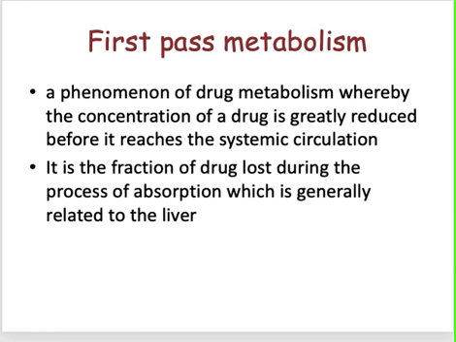So some of the 500 milligrams of paracetamol undergoes first pass metabolism in the liver, and only a fraction of that paracetamol actually reaches the site where it's supposed to go. It is the fraction of the drug lost during the process of absorption, which generally happens in the liver.